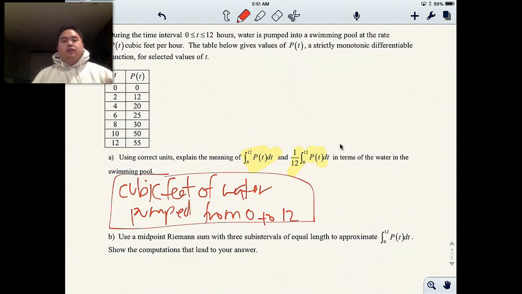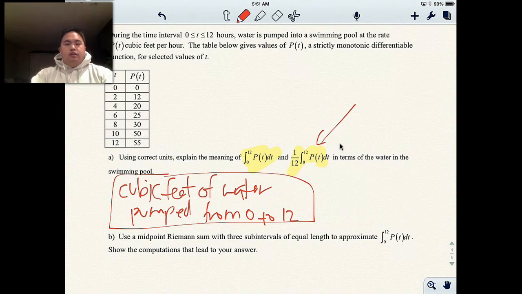So again, what the antiderivative means is the total amount of something. If this one is cubic feet per hour, I'm pumping it at cubic feet per hour, this tells me after 12 hours how much water is in the pool, or how much did I pump in. This particular one with a 1/12 in front of it, remember, this tells me the average.